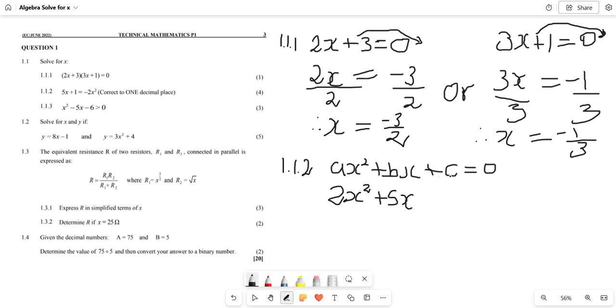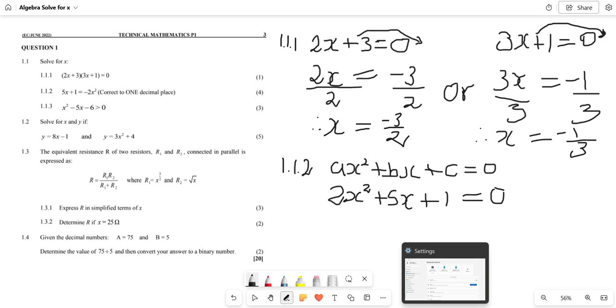Then it says plus c. The c is a constant, a number without an x. In this case it becomes a plus 1. On the right hand side, we are left with 0. 1 mark will be awarded for writing this equation in the standard form.